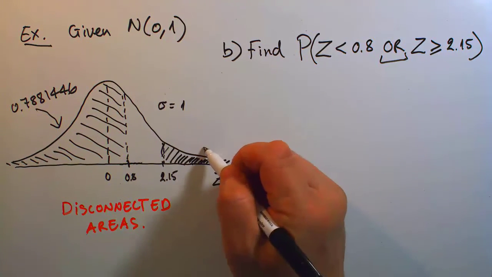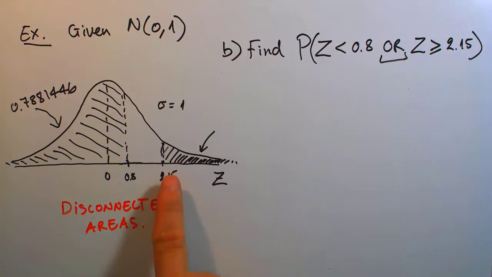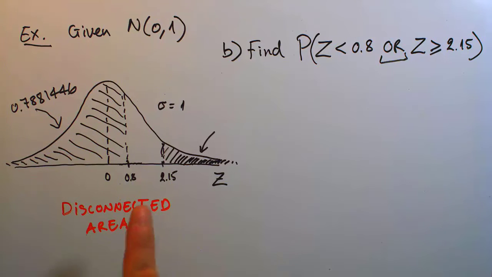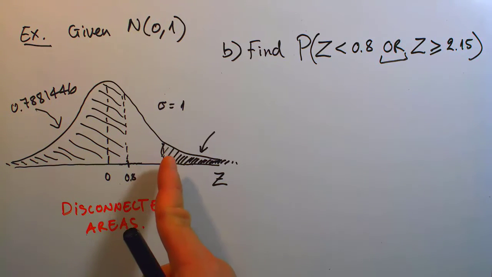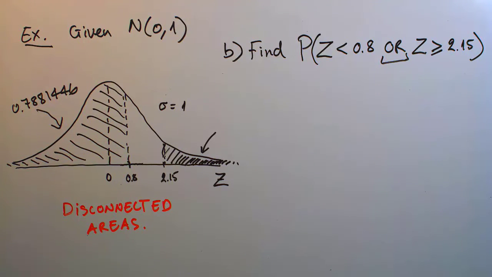Now, this other area to the right-hand side of 2.15, remind yourself again with the left-area concept: any z-score from where it stands has an area to the left. So LSND or a lot of technology resources can give us the area to the left of this value.